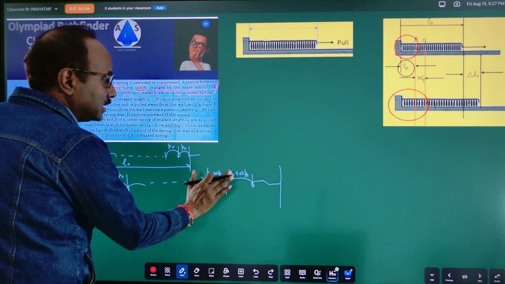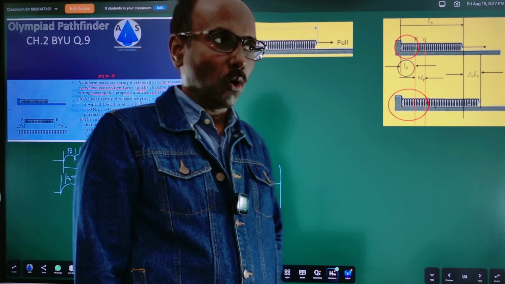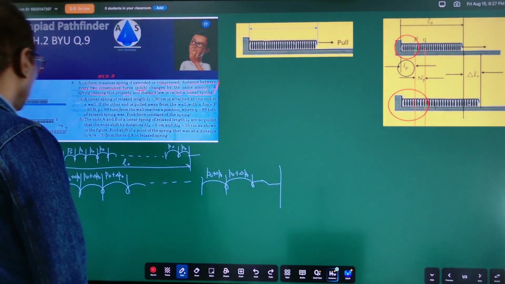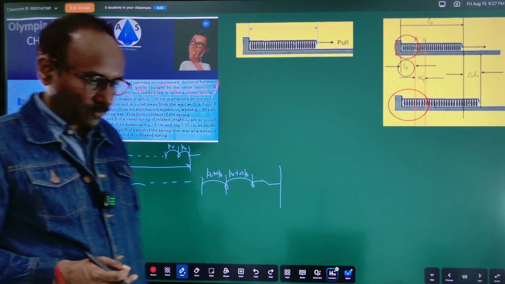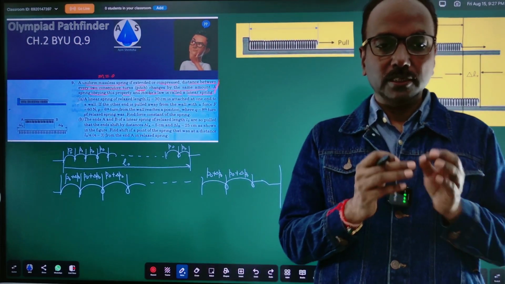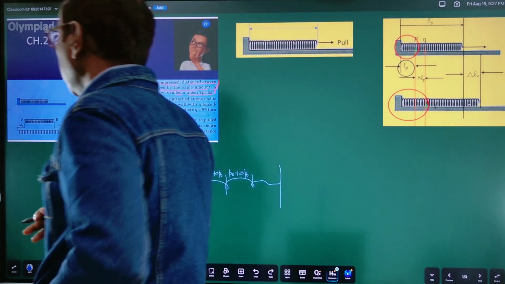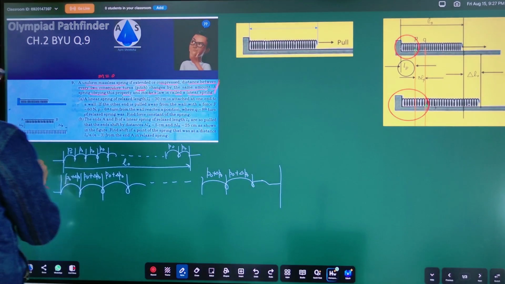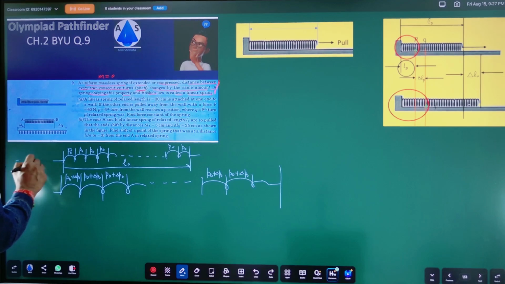So such kind of spring is called the linear spring and it obeys Hooke's law. So Hooke's law you must be knowing: if a spring of natural length L has been increased by a length of delta L, then the force exerted by the spring will be K into delta L, where K is the spring constant.